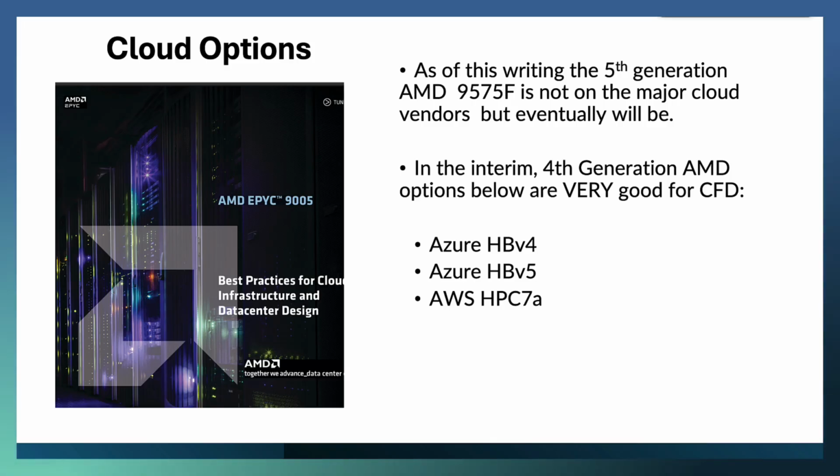So you can totally run AMD in the cloud. I'm sure 5th gen will be out soon, and hopefully the 9575F. Often the clouds have the high frequency processors available, but high core count they definitely will. So just keep an eye out. But if you want to run today, don't worry, you'll get great performance out of the HBv4 and v5 from Azure.